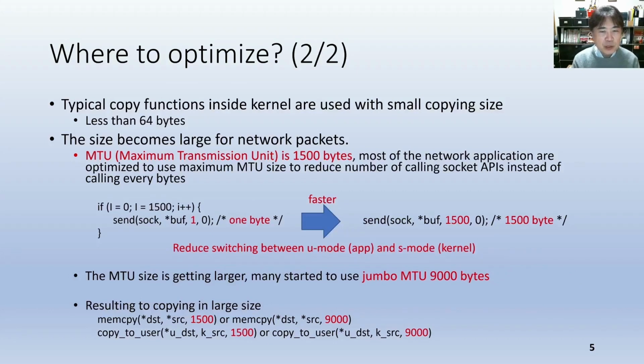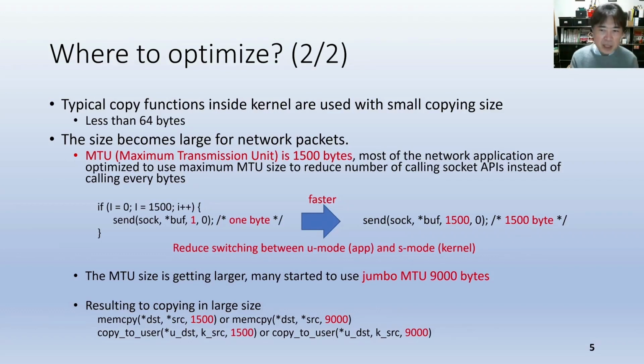And another point was the size of the copying data. Typically inside the kernel, it doesn't use large sizes for copying. Mostly memcopy, memset, or memmove are used with less than 64-byte copies.